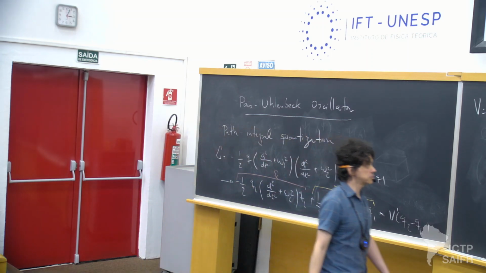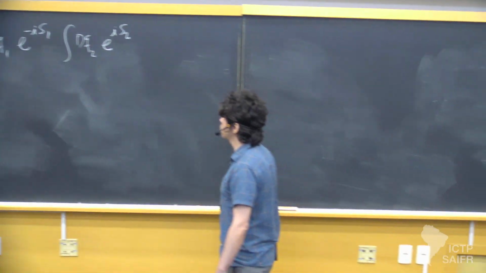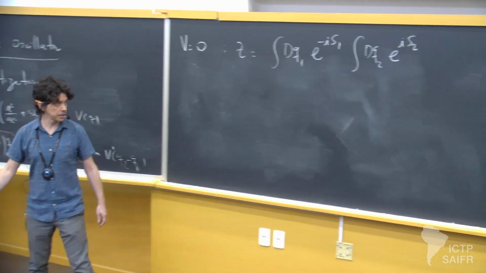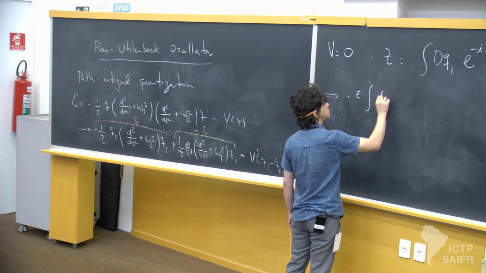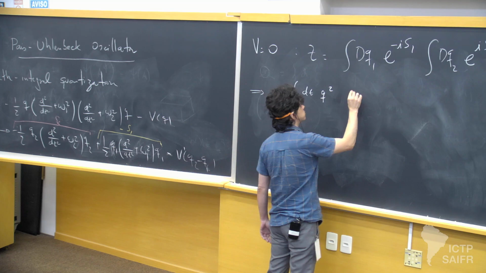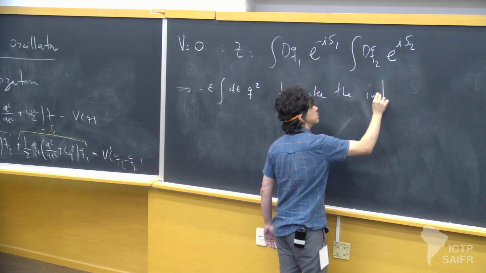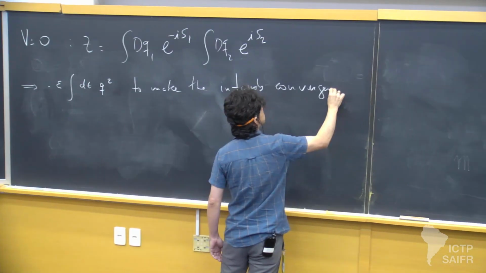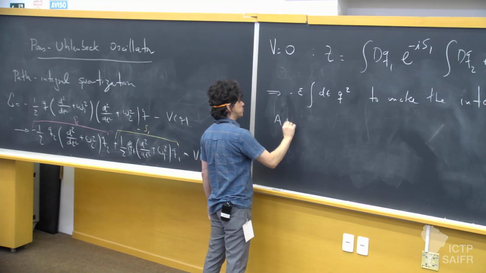And then those integrals are completely factorized in a way that we can calculate, but always adding a term to make these integrals convergent. So in the end, we also add some external sources.